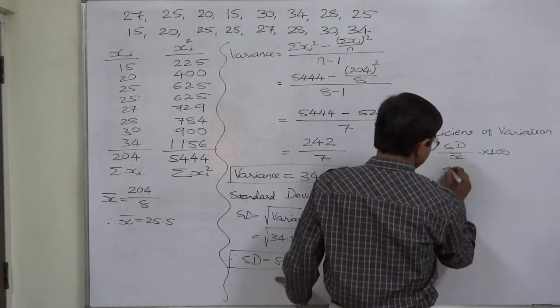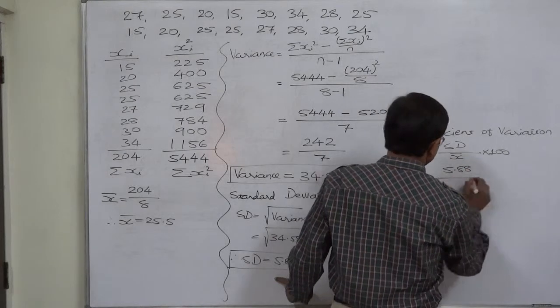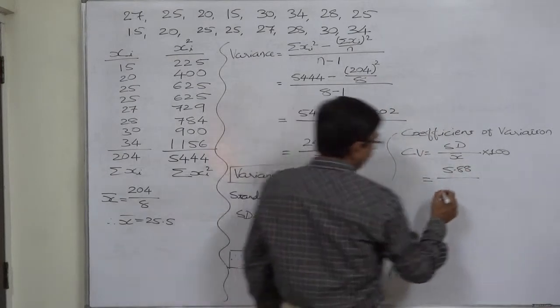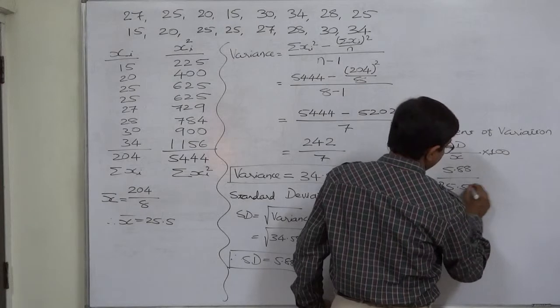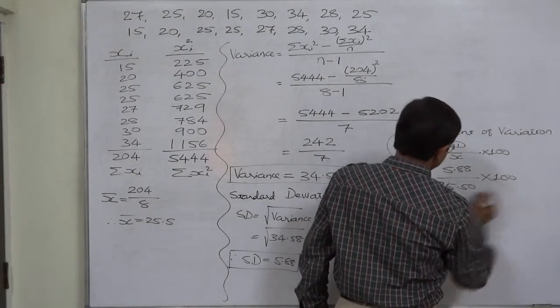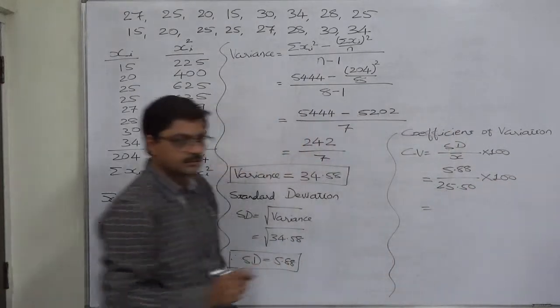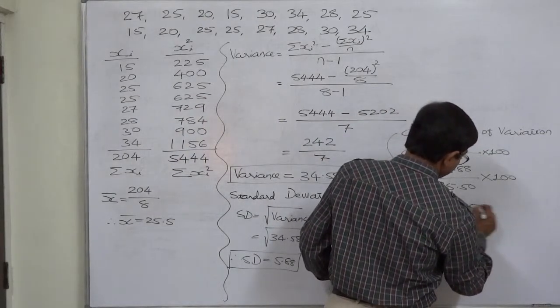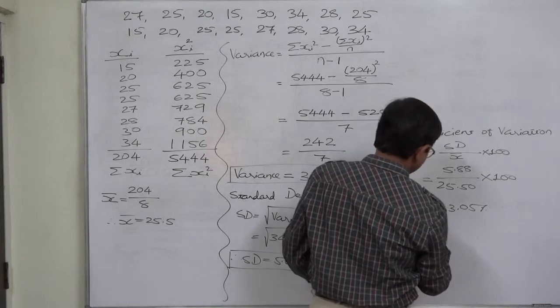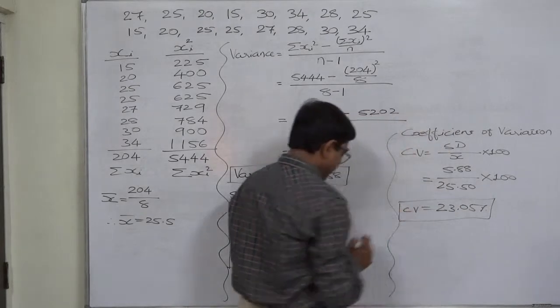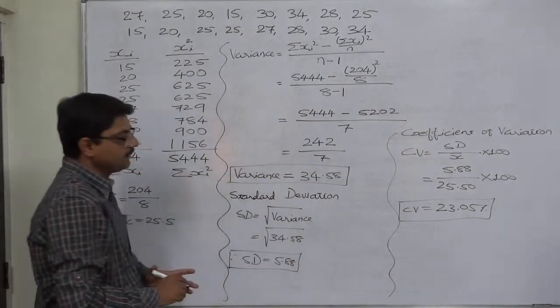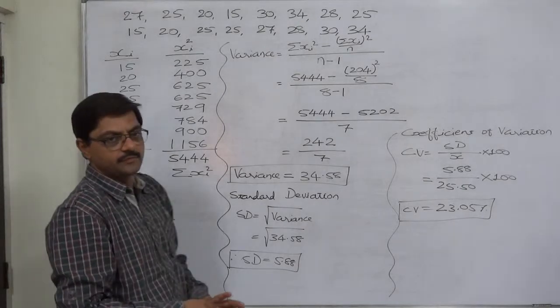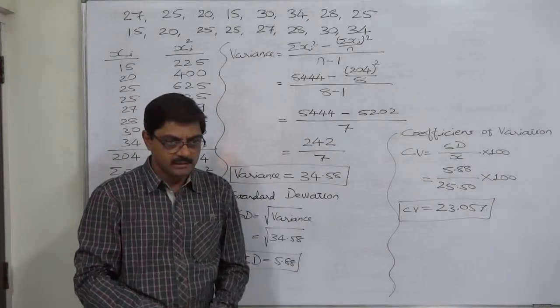Standard deviation is 5.88 divided by mean 25.5 multiplied by 100 to get the percentage. 23.05. Yes, 23.05% is CV. That means the standard deviation of this particular data is 23.05% of its mean.